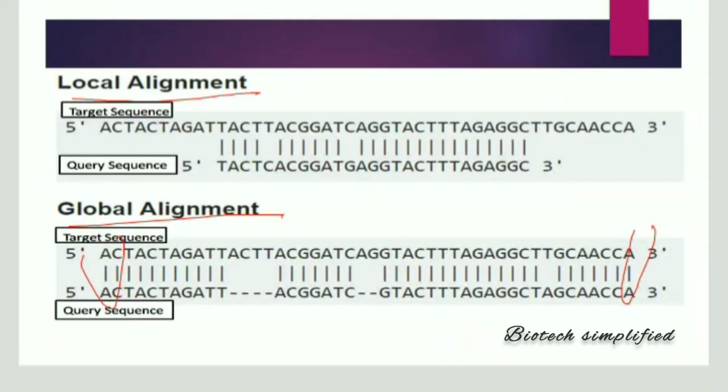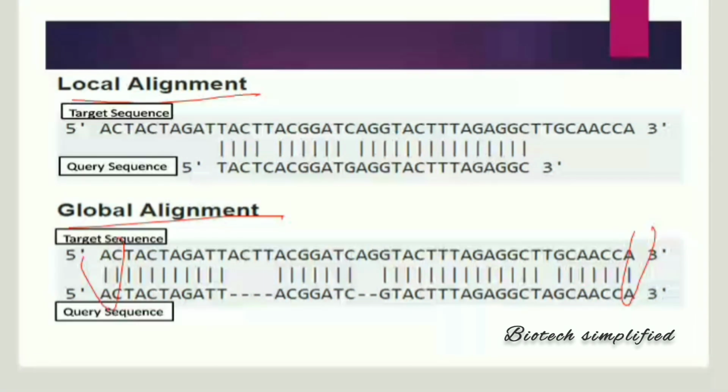Another difference is that in local alignment, only similarities are being taken into account, whereas in global alignment, both similarities and dissimilarities are being compared. In local alignment, the Smith-Waterman algorithm is used, whereas in global alignment, the Needleman-Wunsch algorithm is used.